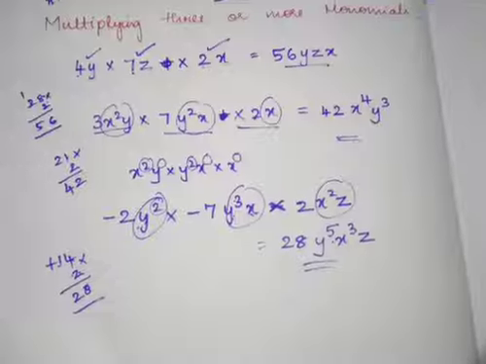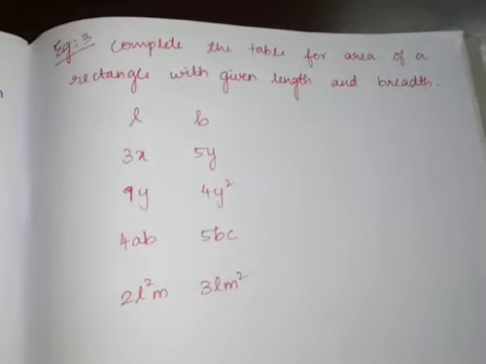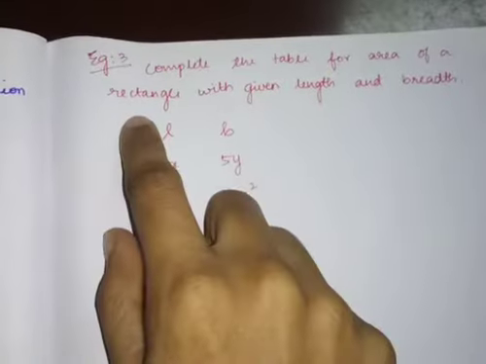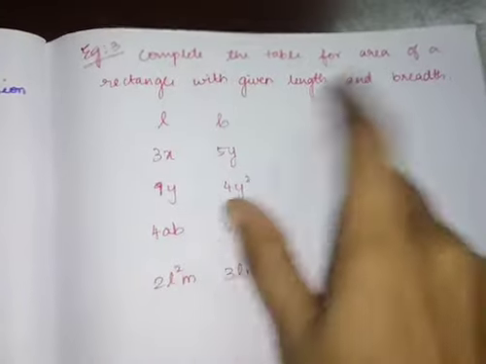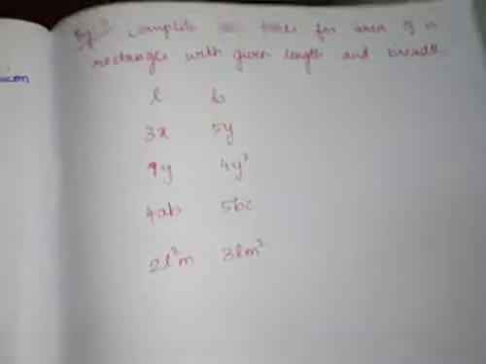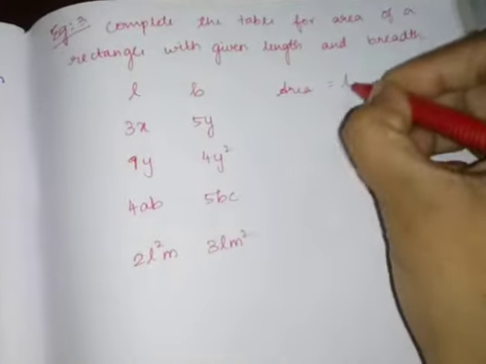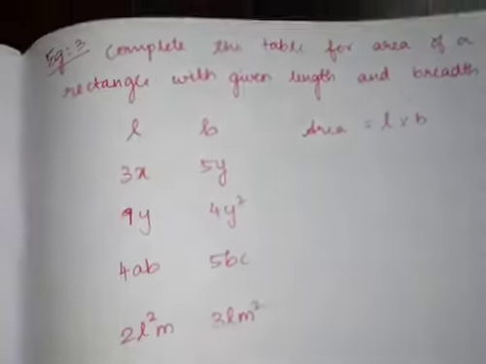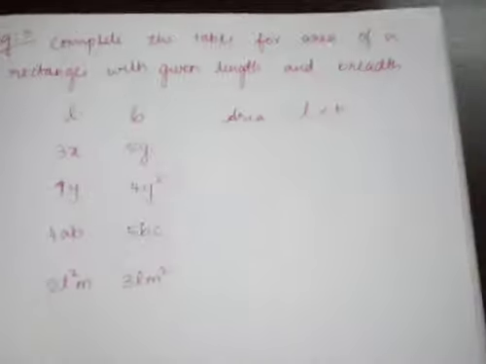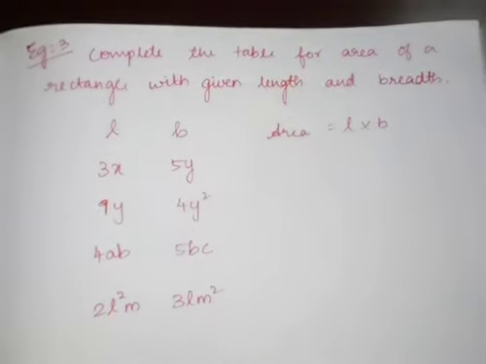Okay. Next is your example number 3. Complete the table for the area of a rectangle with the given length and breadth. Now we are supposed to find the area. What is the area of the rectangle, children? L into B. Correct? Length into breadth. You should multiply the length and breadth, you will get the area.